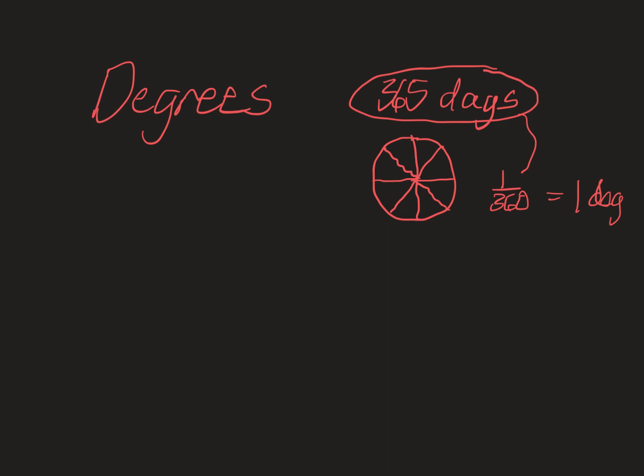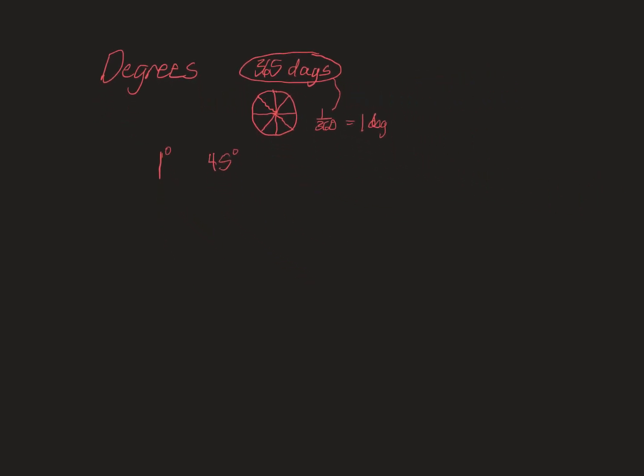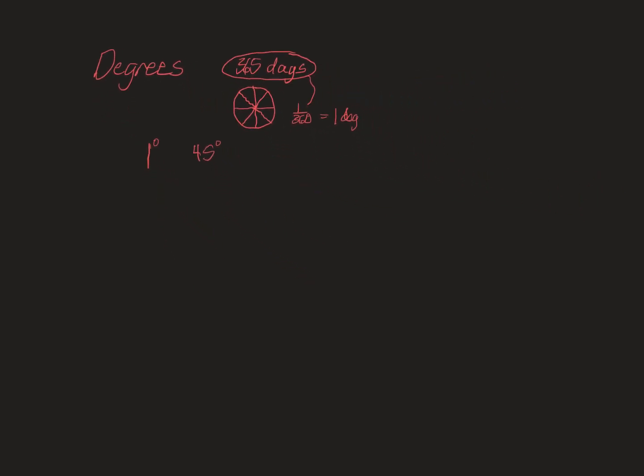Now, when you and I write degrees, we write degrees like this. We put 1 degree, or 45 degrees, or anything like that. Now, you and I mostly have dealt with degrees in terms of them being whole numbers. So the key in this chapter is you're going to do degrees and deal with them as decimals.